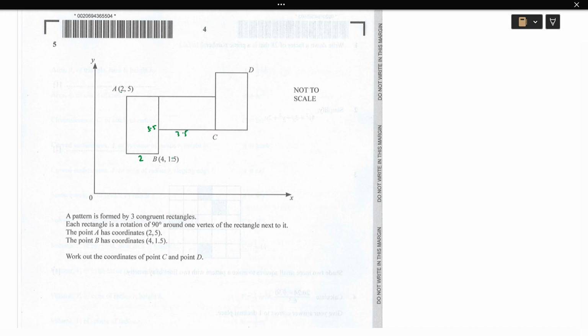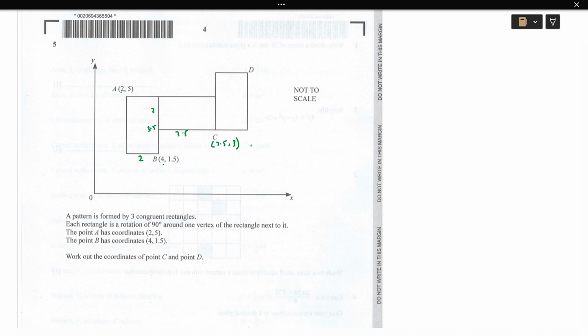Here x is 4, so here is going to be 7.5, comma, and the y-coordinate to find out, so 5 units. This coming down, here we said this is 2, so it's going to be 3.